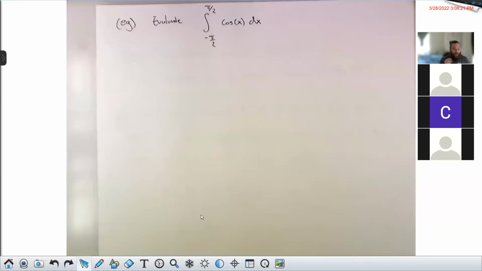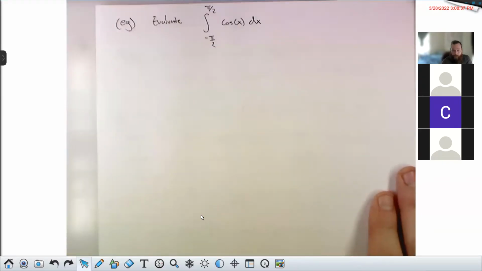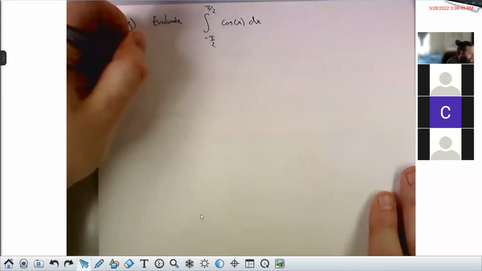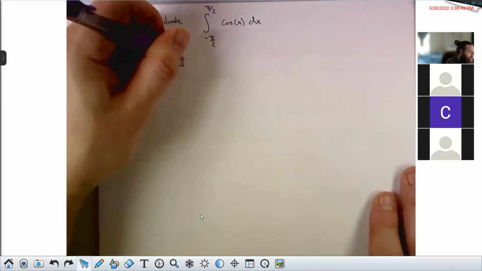This is something that we could not do without FTC2. We could set up a Riemann sum for it, but actually evaluating the limit of that Riemann sum would be very, very hard. So here we're going to use FTC part 2.